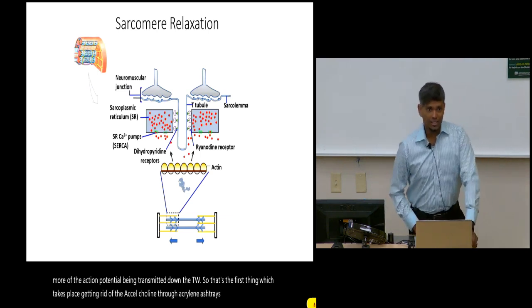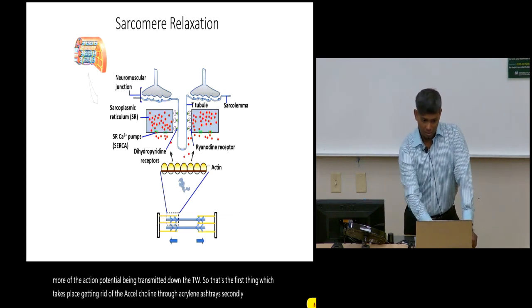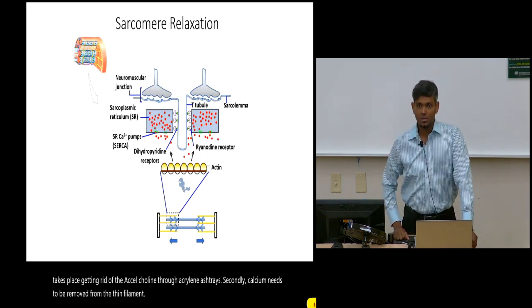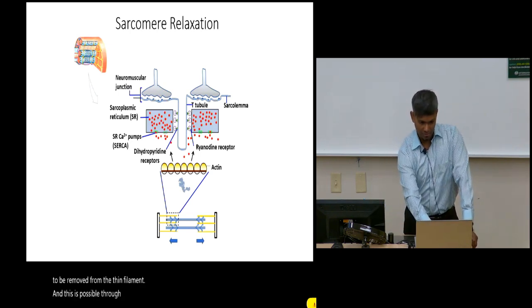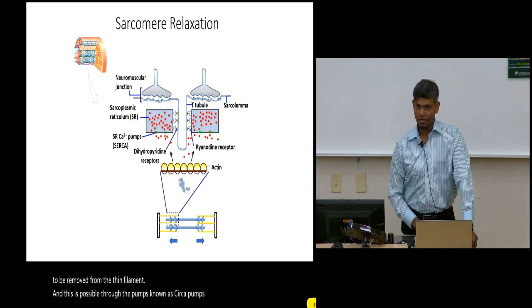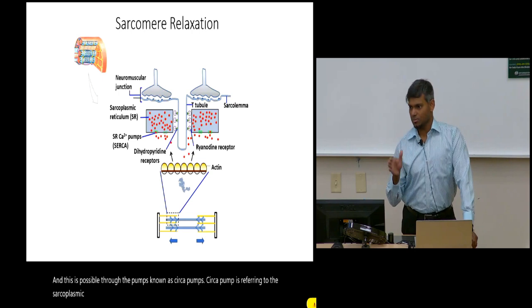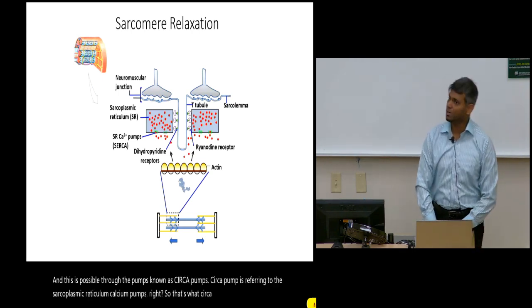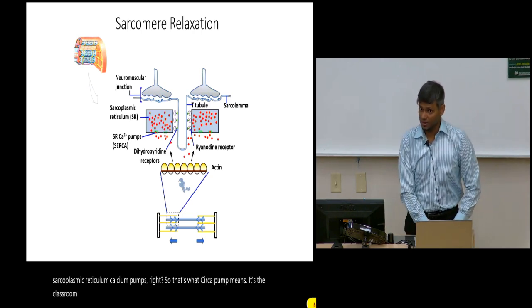Secondly, calcium needs to be removed from the thin filament, and this is possible through the pumps known as SERCA pumps. SERCA pump is referring to the sarcoplasmic reticulum calcium pumps. It's the calcium pumps found on the sarcoplasmic reticulum.